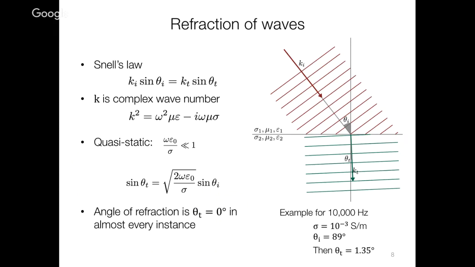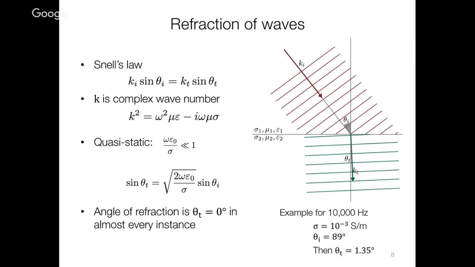For our quasi-static case, we had that. And here's the relationship between the incident angle and the transmitted angle. And for all of the physical properties that characterize the Earth, it turns out that the transmitted angle is such that everything is traveling almost vertically down.